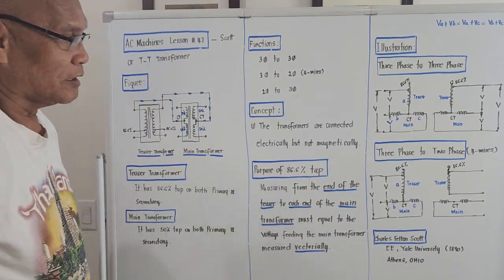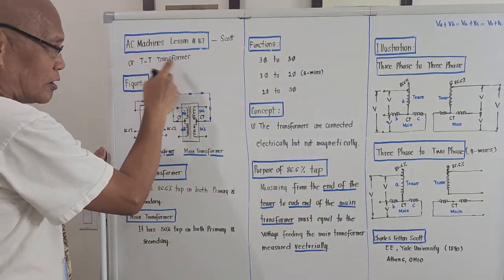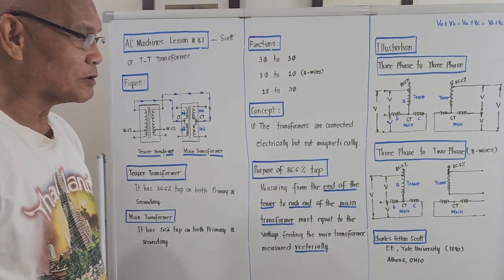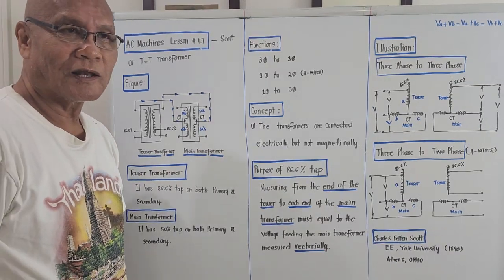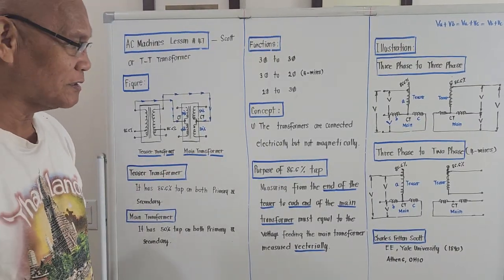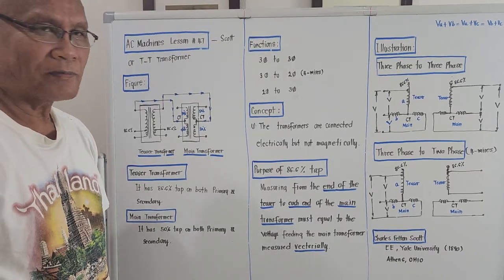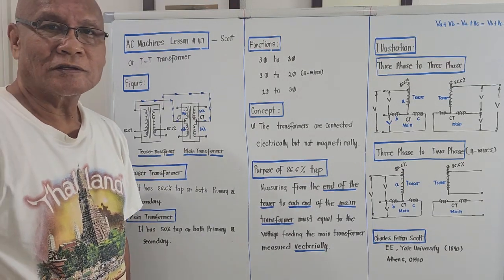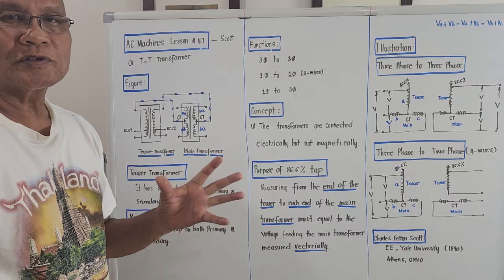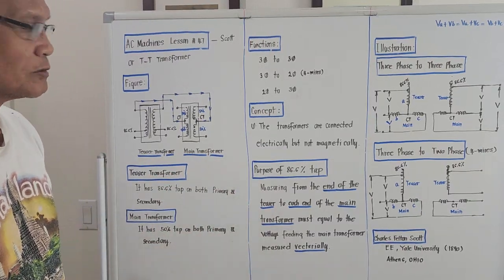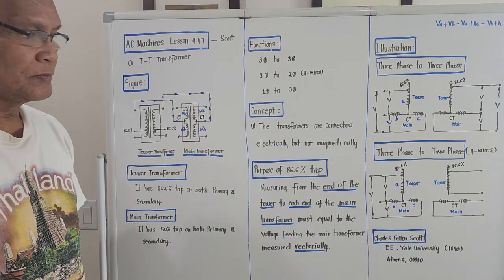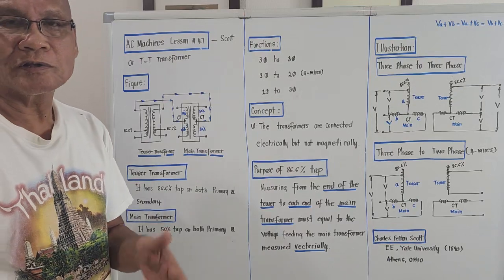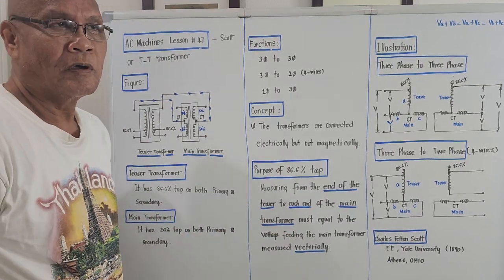The inventor of this Scott transformer is Engineer Charles Pelton Scott, an electrical engineer from Yale University, and he is from Athens, Ohio, around the year 1890. Yale University is in Connecticut, which is very near New York. Let's proceed.